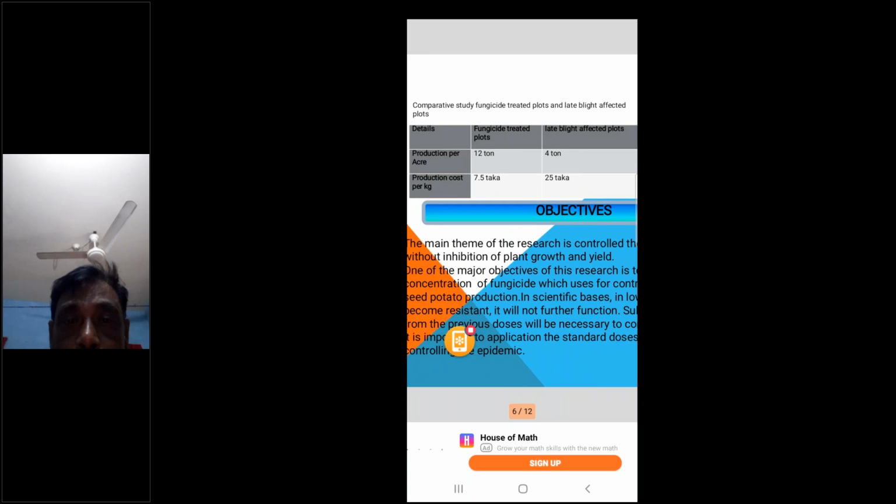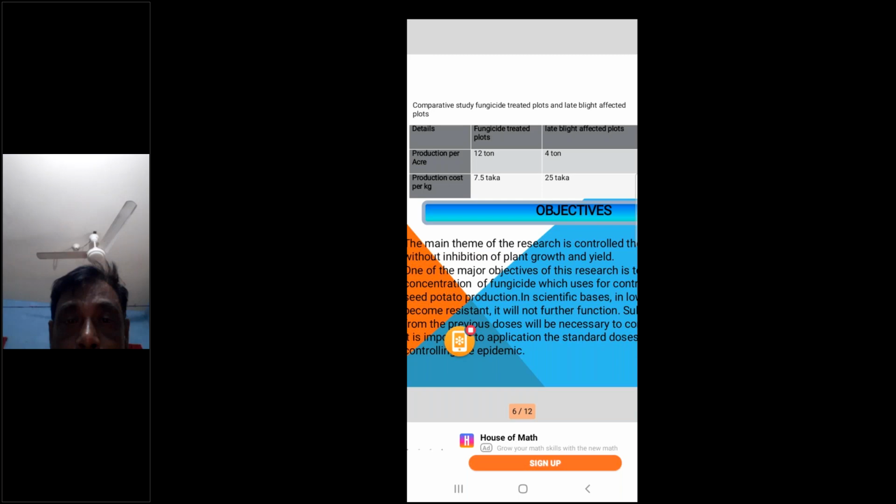The production per acre for fungicide-treated plots is 20 tons. On the other hand, 4 tons of yield is obtained in the late blight affected plot.